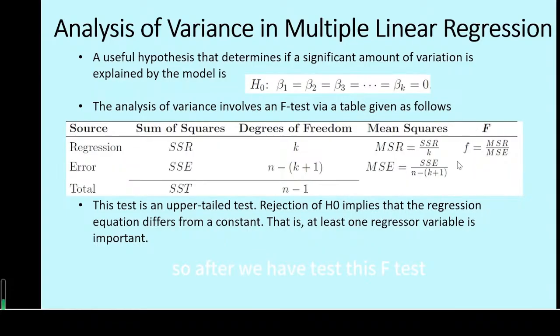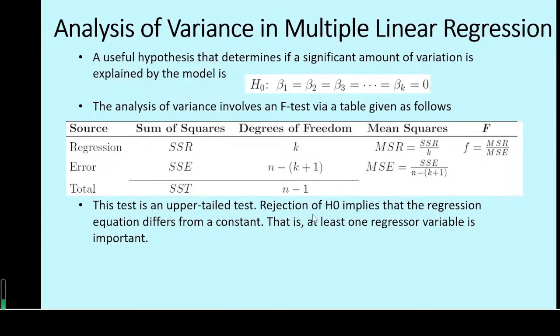After we have run this F test, this is a one-tailed test. If the test statistic is larger than the critical value, which means the p-value is less than 0.05, then we reject H0.